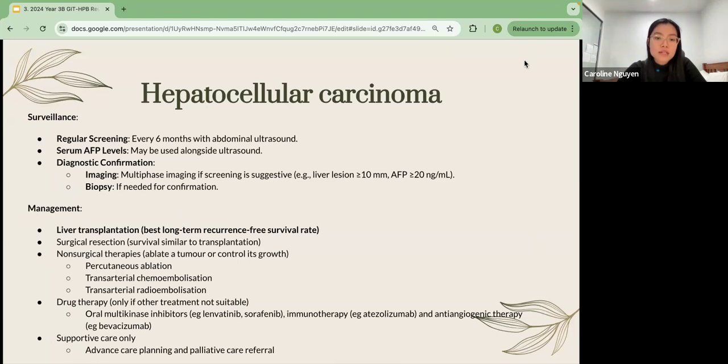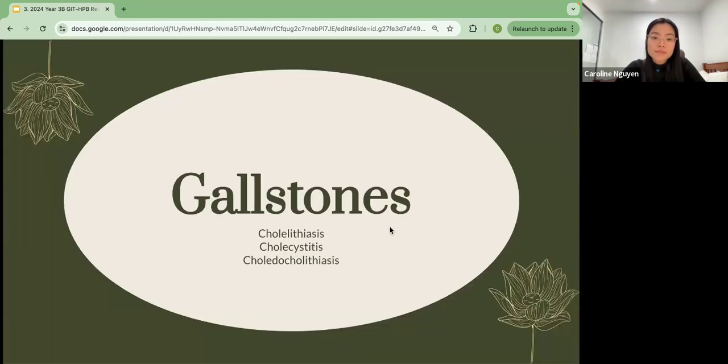The only thing I took away from third year is that liver transplant is the best way of solving the issue, or surgical resection. And people are pretty sick, especially if they have had liver cirrhosis and then liver cancer. You're probably going to need advanced care planning and palliative care.